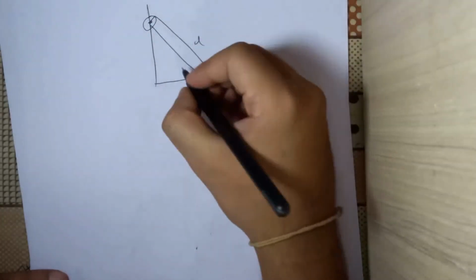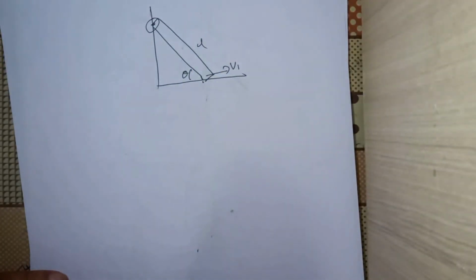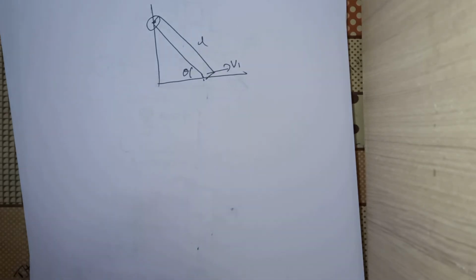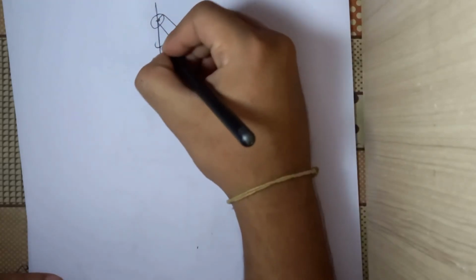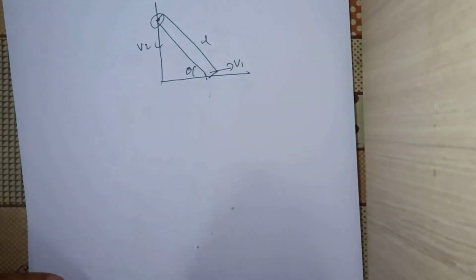Try to find the velocity of this end, and let's say this angle is given as theta. This is not any kind of standard constraint, which is why I said that before moving to any short trick, try to go to the concept. If you remember the concepts, you could directly think that the velocity of this part is v2 downwards.